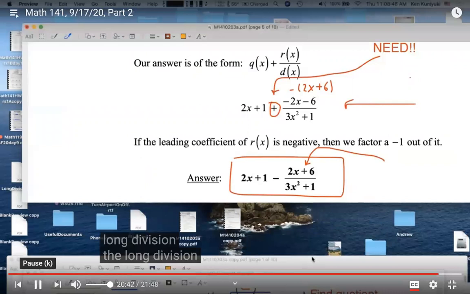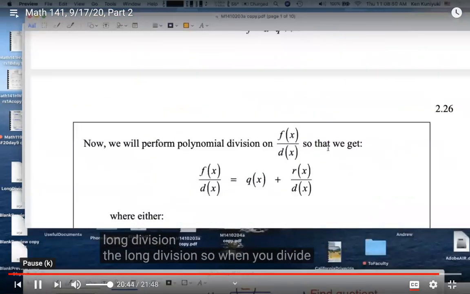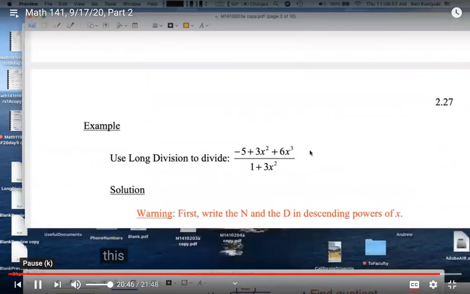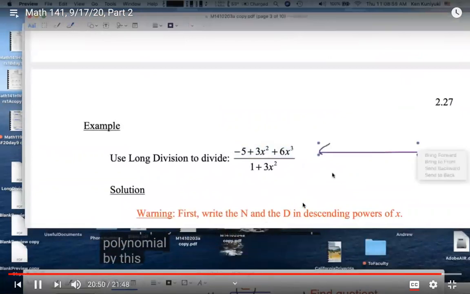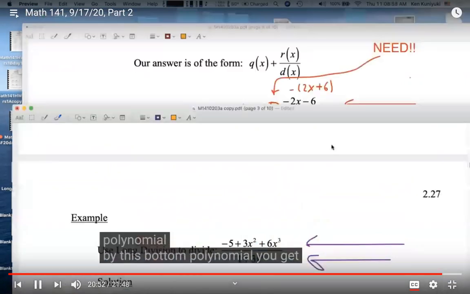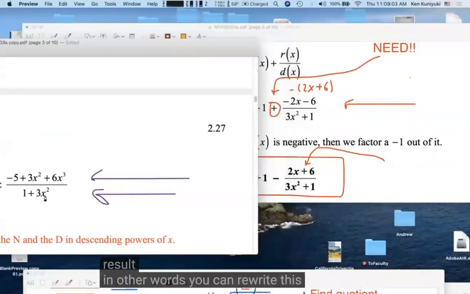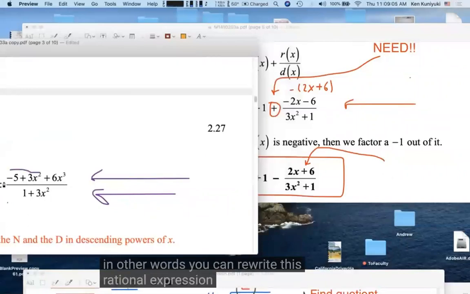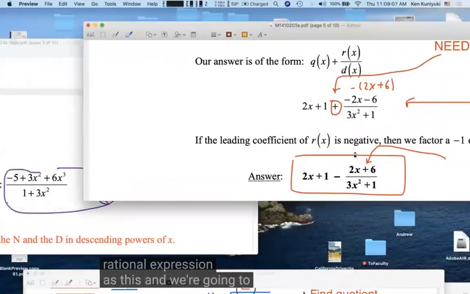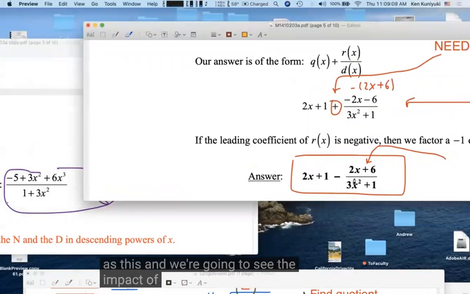So when you divide this top polynomial by this bottom polynomial, you get this result. In other words, you can rewrite this rational expression as this, and we're going to see the impact of that later on.